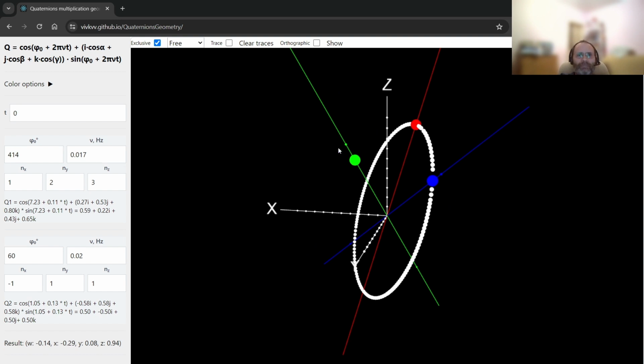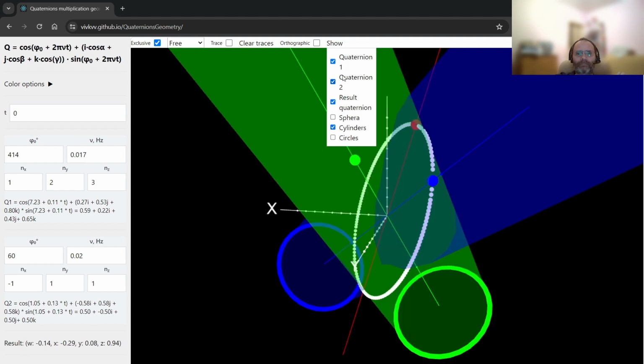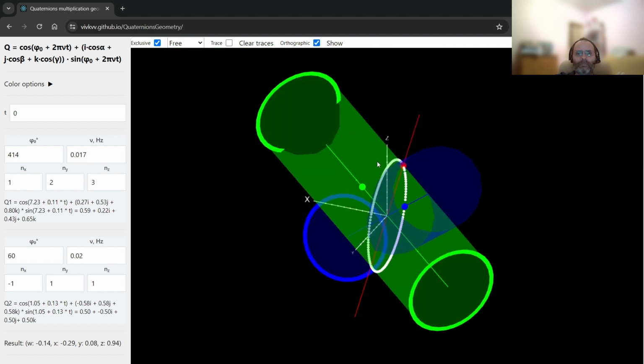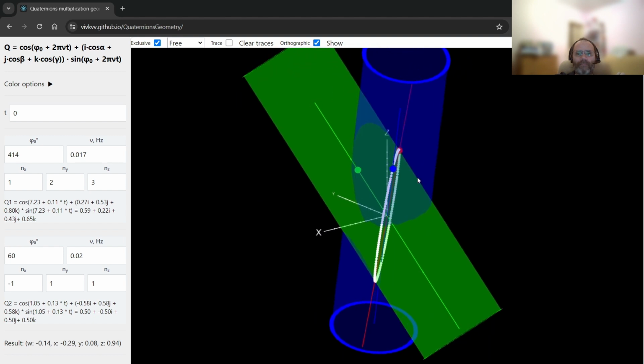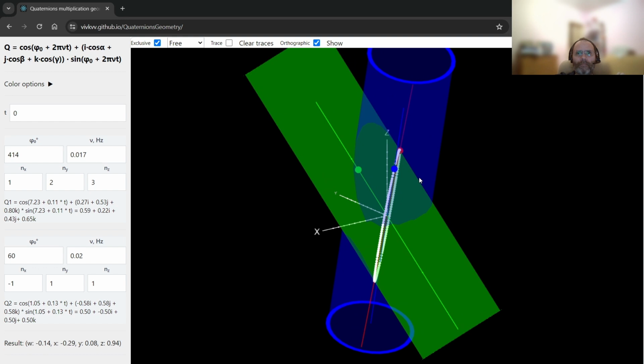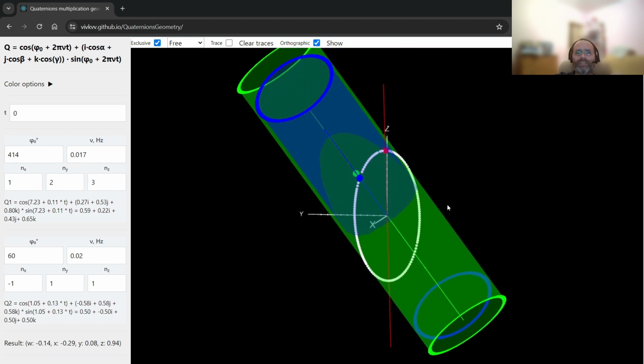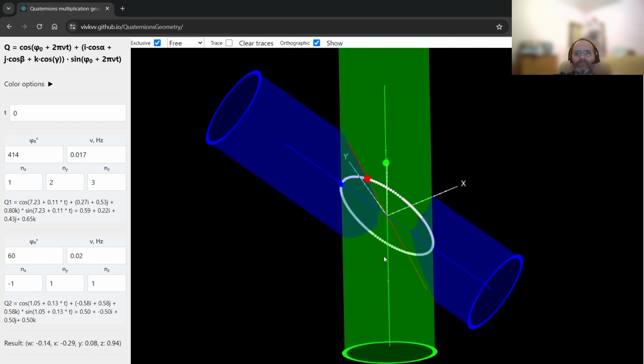Now let's turn off the cylinders and look at them. It's quite clear that this white trail lies on the surface of the green cylinder.